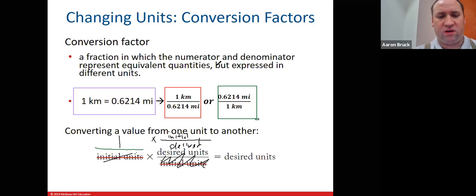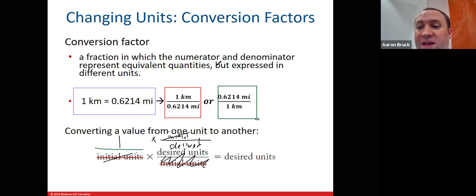And the initial units would cancel that way. So regardless of what kind of a conversion I'm trying to do, that's ultimately going to be how I set it up, is to set it up in such a way that allows me to cancel out the things that I don't want and to leave behind the things that I do.